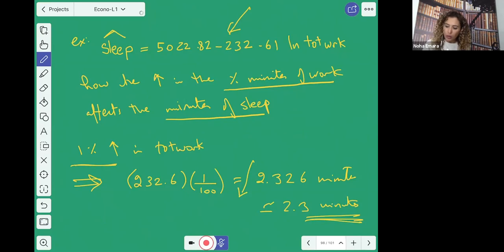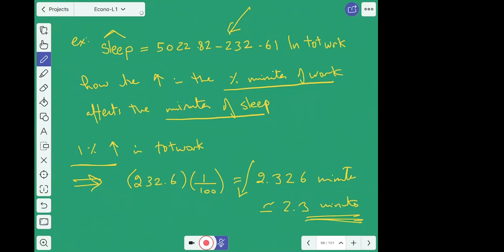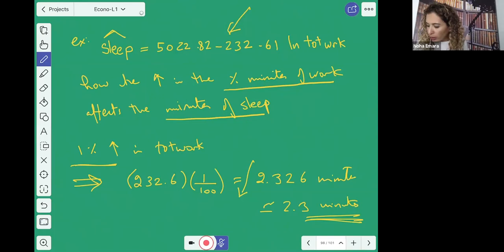So make sure the units of measurement for each variable are very clear and written. Now, do you have any questions? No. Okay, now let's go to the next model.